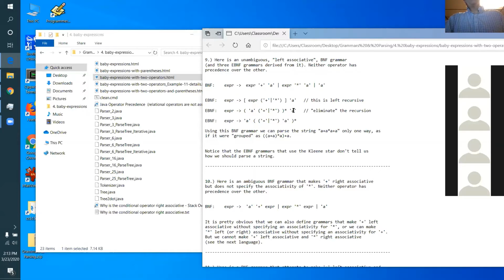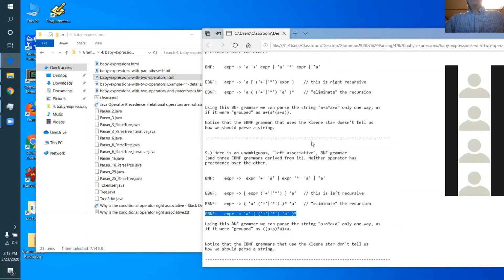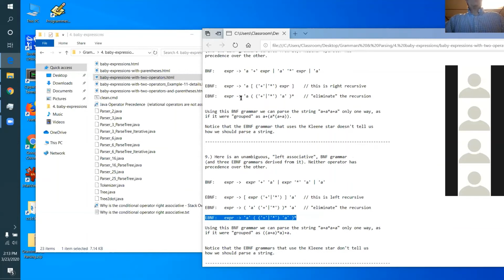It's looping by saying there's an A on the right, and then you have a repeated number of these things going off to the left. That's actually hard to program also. So we end up programming it this way: you start with an A, and then you have a repeated string of pluses or times A's. But that line of code is exactly this one up here.